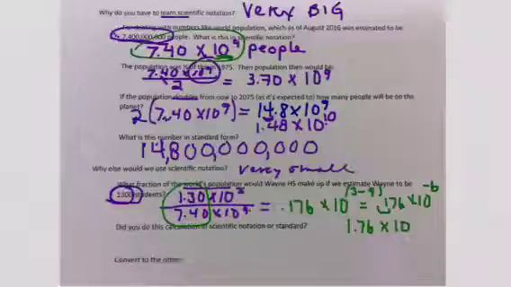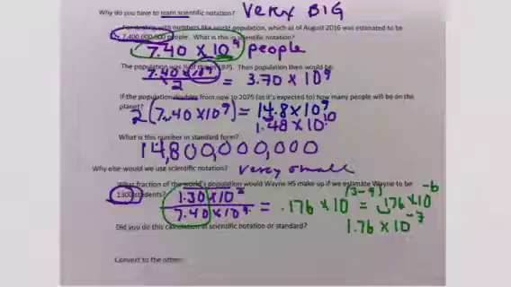We did have negative 6. Now, what is smaller than negative 6? Is it negative 5 or negative 7? Yeah, it's negative 7. You can think about it getting farther away from 0 on the number line. It's getting smaller. And so in this case, it's 1.76 times 10 to the negative 7th.